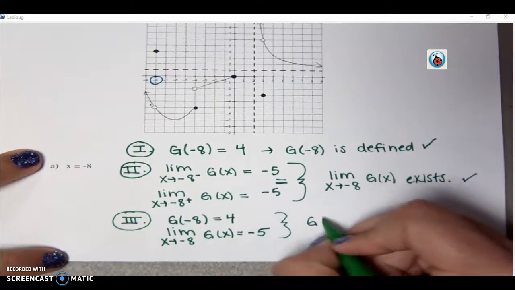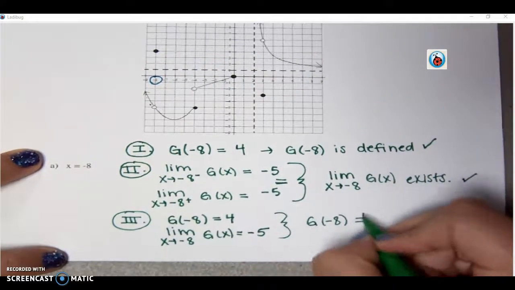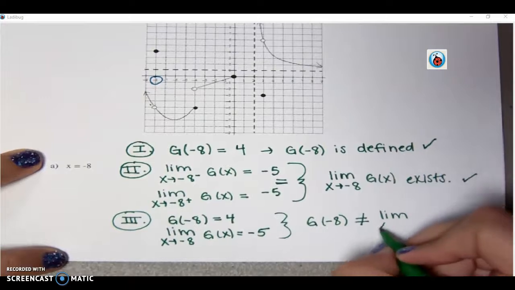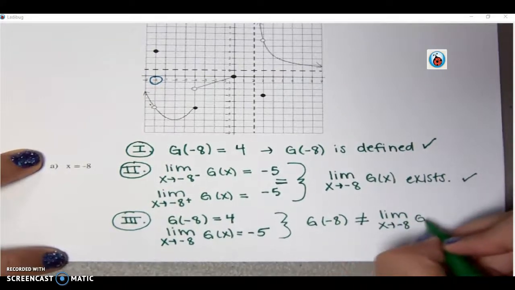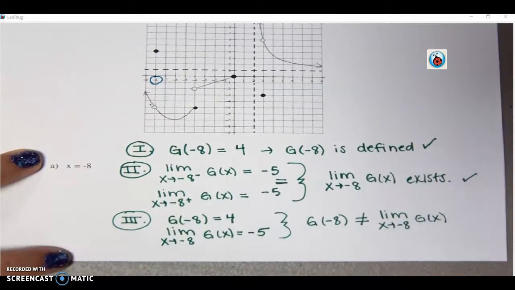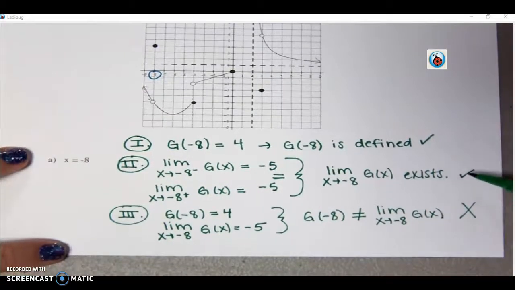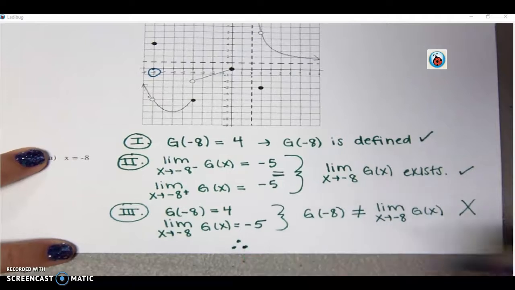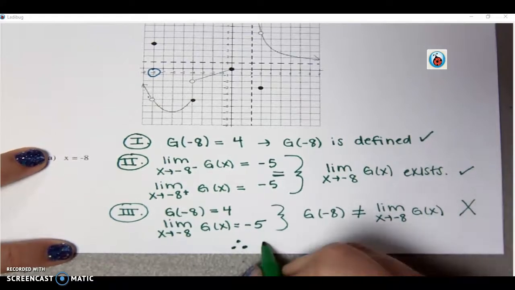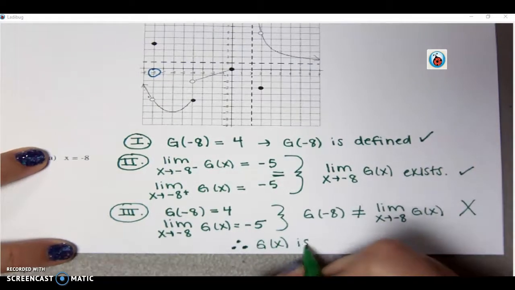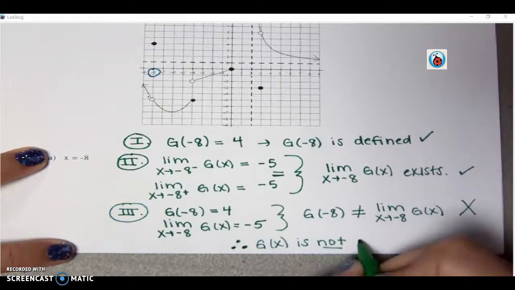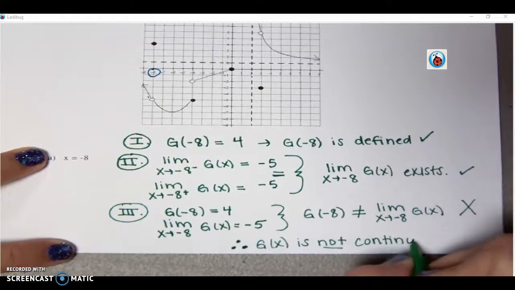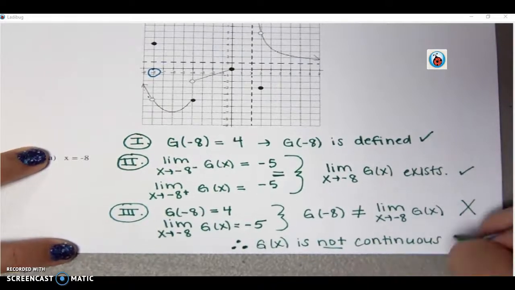So this is saying g of -8 is not equal to the limit as x approaches -8 of g of x. So because this one is not true here, okay, the first one was true, the second was true, but the third one's not, then because that one's not true, we can say therefore, and the symbol means therefore, g of x is not continuous at x equals -8.